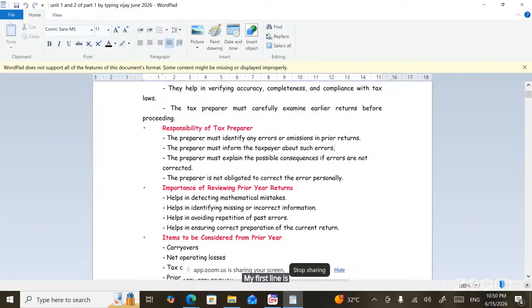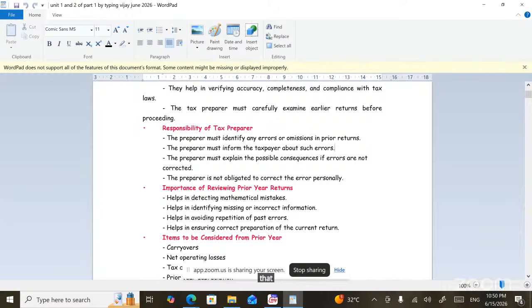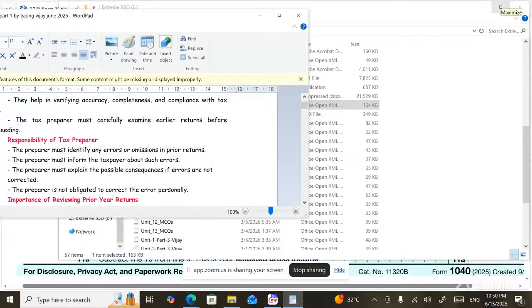If you go to your reference shared document, all incomes, then delete exclusions, then you get the gross income. From that gross income, you can deduct certain items in the form of adjustments. That item we can cover here.